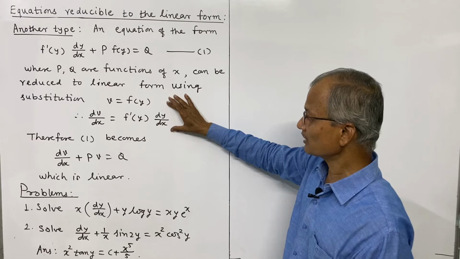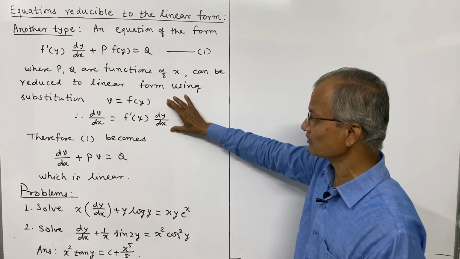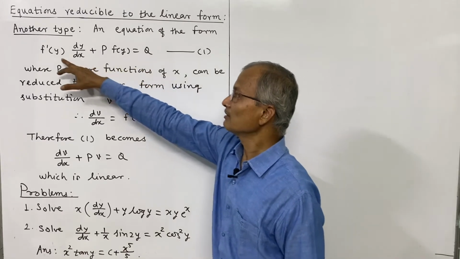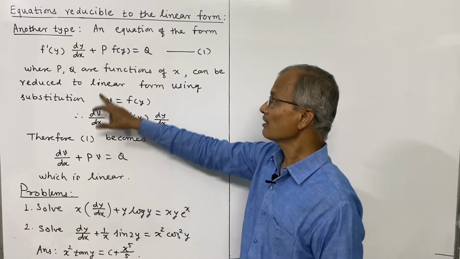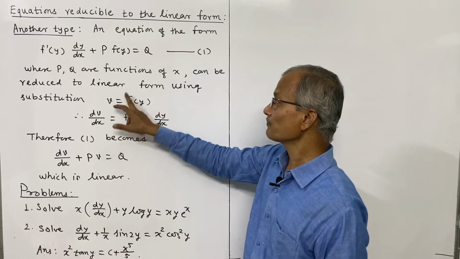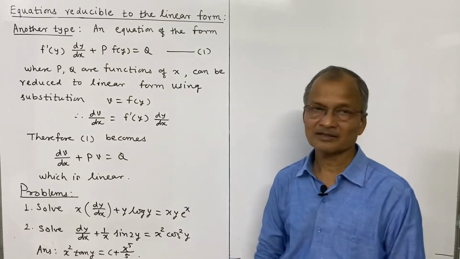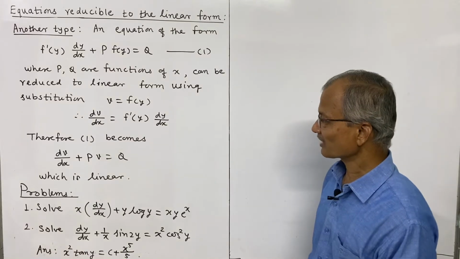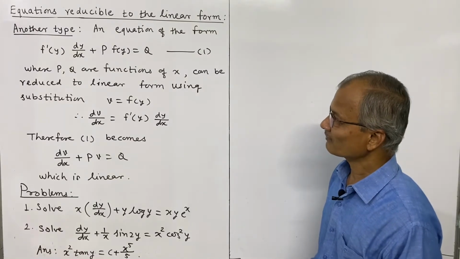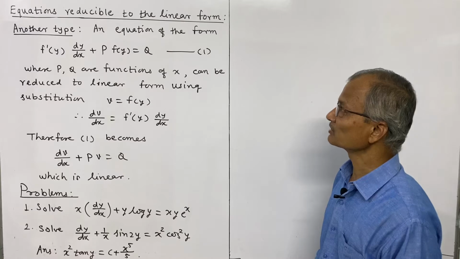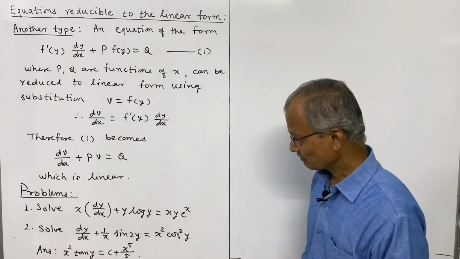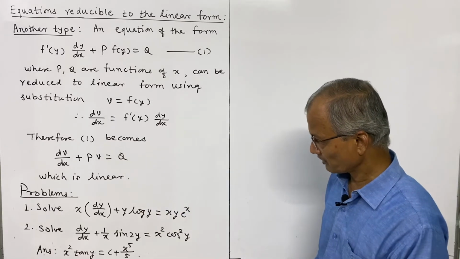Now if you use these expressions in equation 1, this is exactly dv by dx plus p into v is equal to q, and this is linear. So it is a simple form of equation which can be reduced to linear form. Now we shall solve the problem on it.